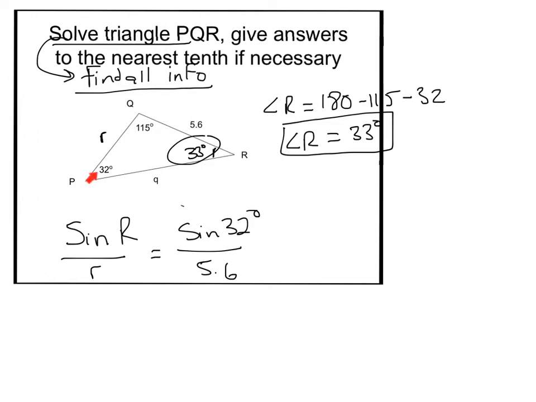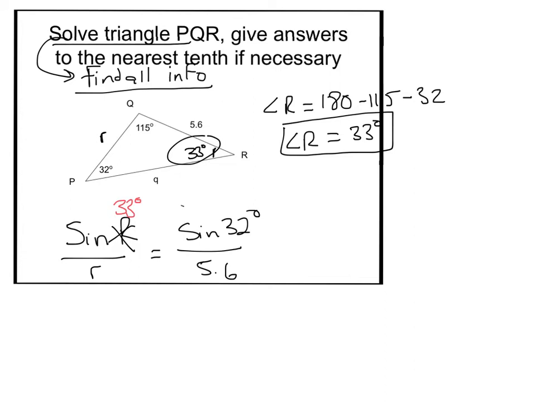So I have sine of angle P over its opposite side, then sine of R over its opposite side. I don't know what side r is, but I did find angle R by doing 180 minus the other two angles.